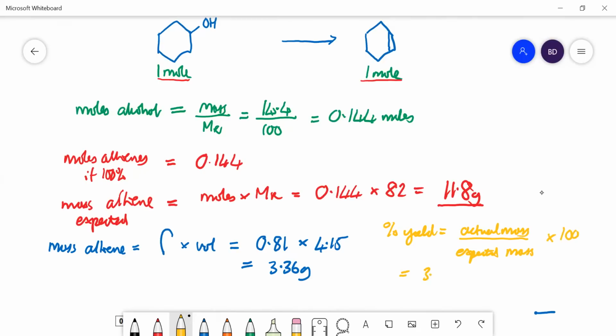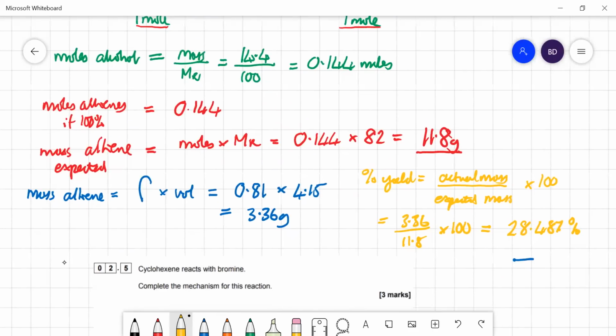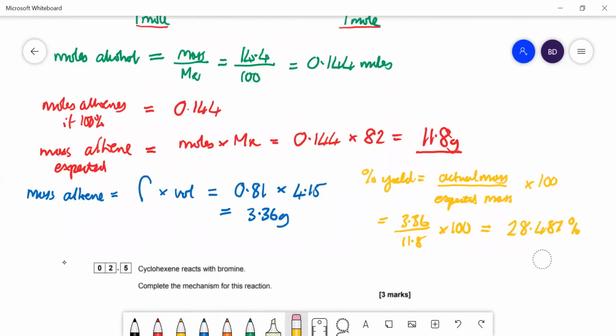That gives us 3.36 over 11.8 times 100, which gives us 28.487%. Now we should work that out to 3 significant figures. I think it asked us in the question, or even if it didn't, everything else is to 3 significant figures. So to 3 sig figs, the answer, in green here, is 28.5% yield.